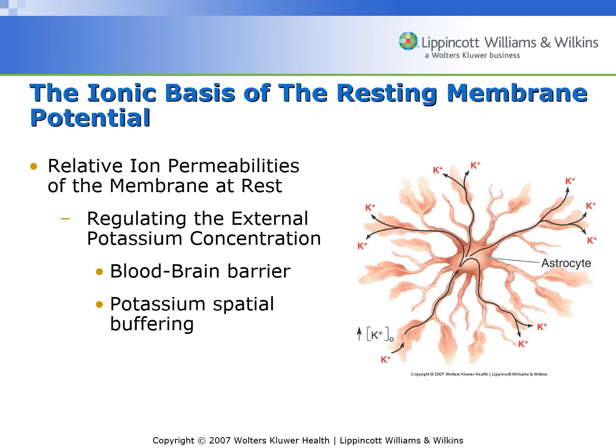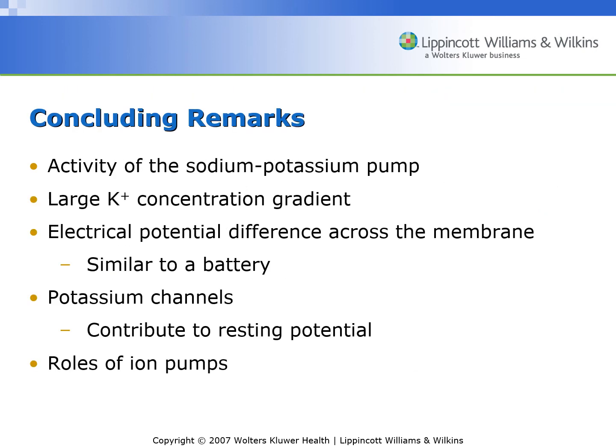Some other ways you can maintain the resting membrane potential are the astrocytes that are around. They're going to absorb and regulate the external potassium concentration. And you're going to have things like the blood-brain barrier, keeping things from outside the brain from getting inside the brain and messing with those really important concentrations we need to maintain. So all of these are extremely important.